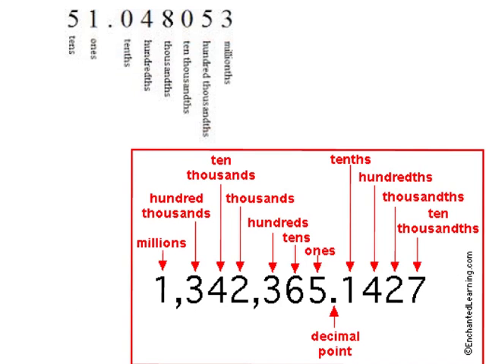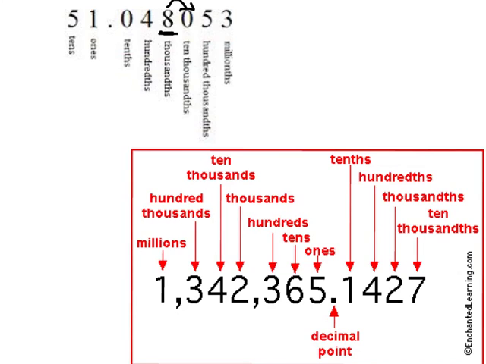All right, this number, let's say I told you to round this number to the nearest thousandth. We're going to underline where our thousandth place is. It's right here. And then we're going to look to the right, and directly to the right of that is a 0.